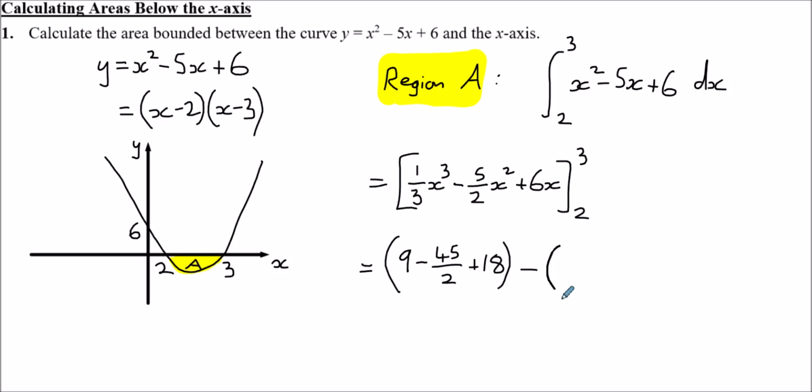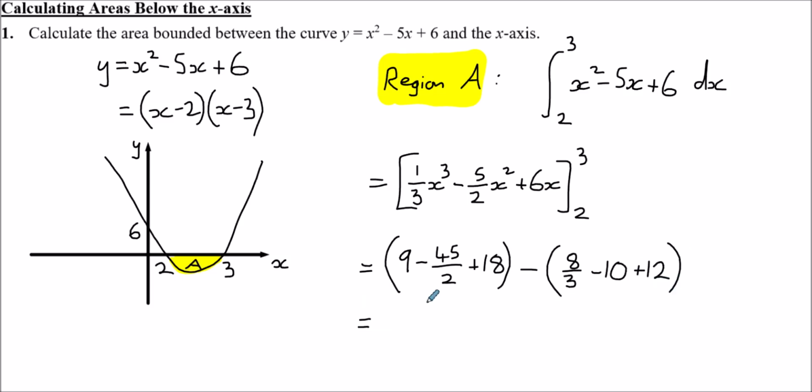We're going to minus off, when x is 2, 1/3 times 2 cubed gives us 8/3. Minus 5 over 2 times 2 squared, 5 over 2 times 4, that gives us minus 10. Then plus 6x, plus 6 times 2, that's plus 12.